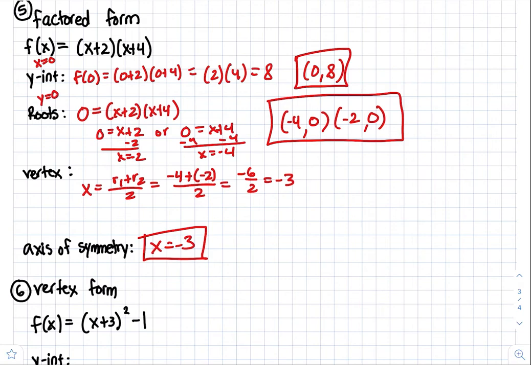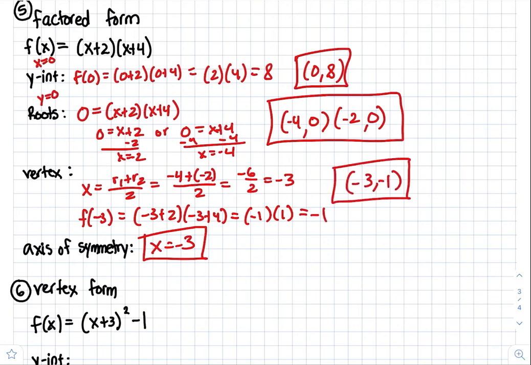Now, let's plug it into the original to find our y value. So f of negative 3 equals negative 3 plus 2, negative 3 plus 4. We're going to get negative 1 times 1, which is negative 1. So our vertex is negative 3 comma negative 1.